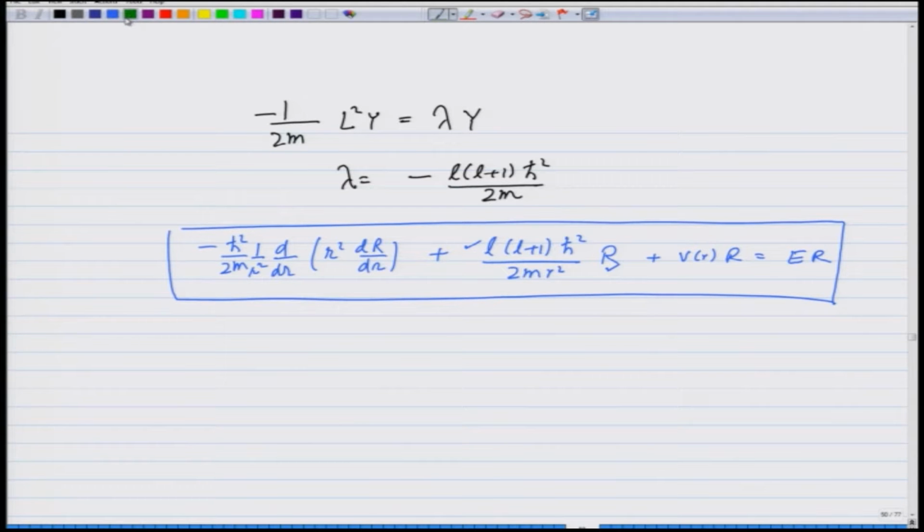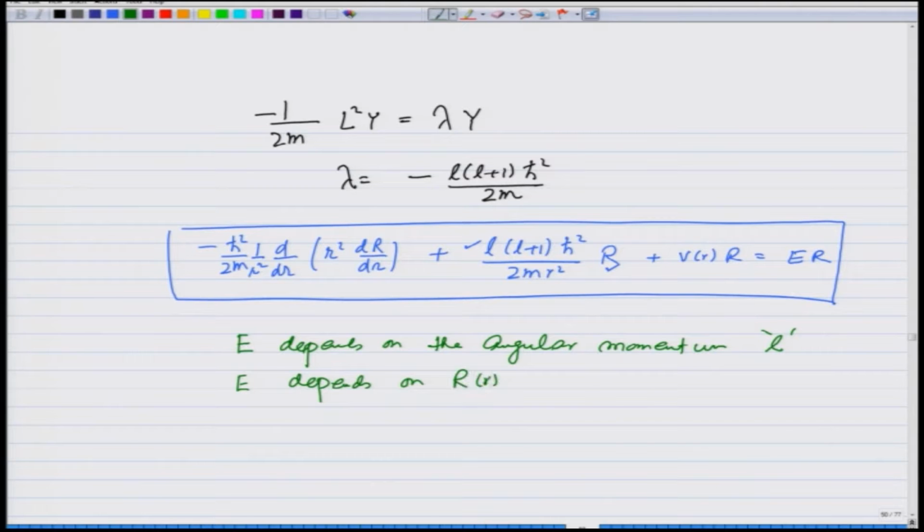So, energy E depends on the angular momentum, as is expected, higher the angular momentum, more the kinetic energy, and E depends on r through potential V(r).